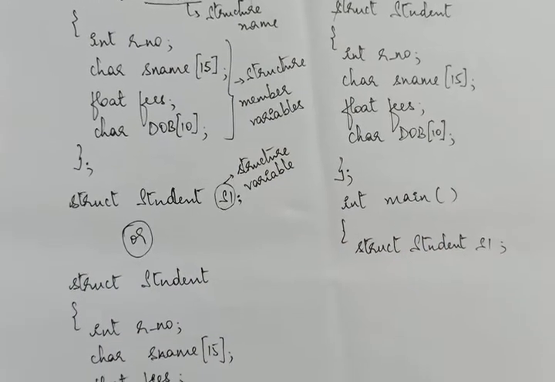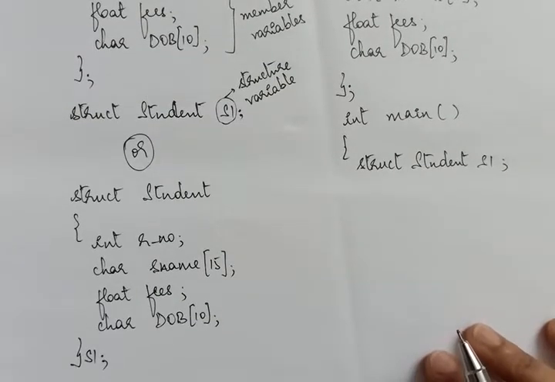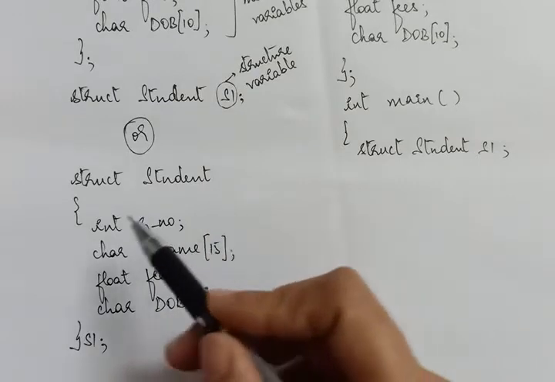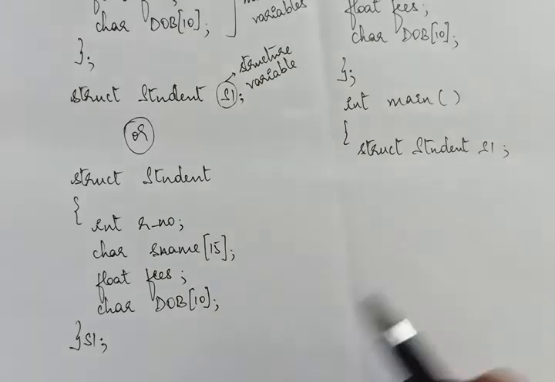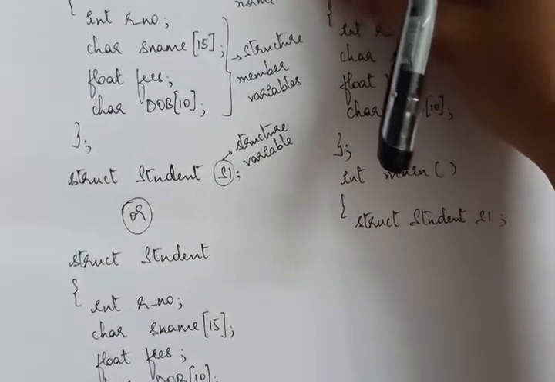Or along with the structure declaration you can create it this way: struct student, the member variables, and here you can specify the variable and then put the semicolon. These are the two ways in which you can create the structure variable and or the structure itself.